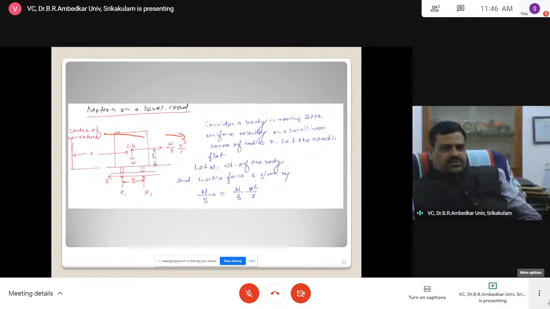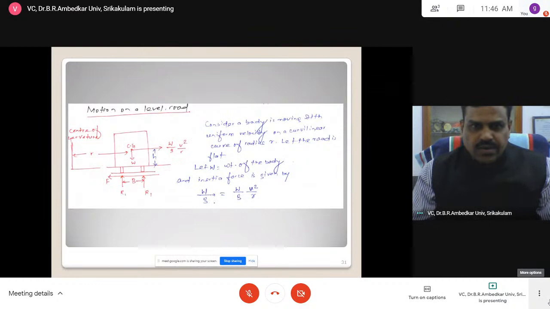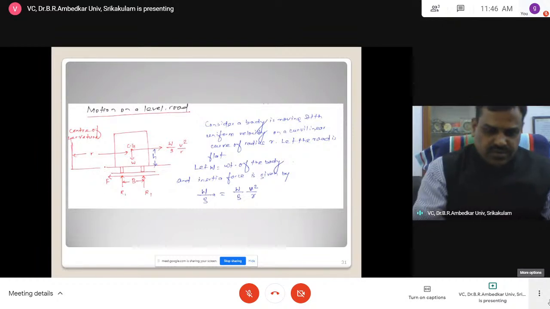Centrifugal force is toward the center, along this axis. So that's why this is mass into acceleration. Acceleration is v square by r. So mass into acceleration is equal to W by g into v square by r. And that is what we have to consider.